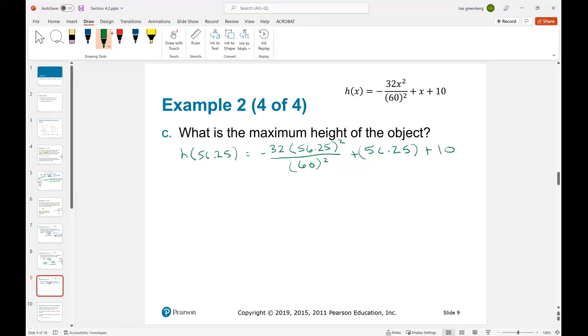And again, when we do all the math here, we get this to be approximately 38.125 feet.